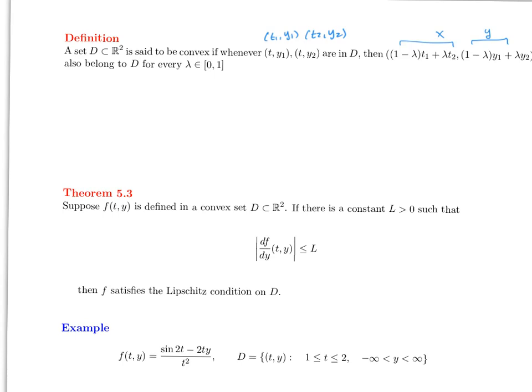This is kind of tricky to see, so the best way to check if it is a convex set is the following.